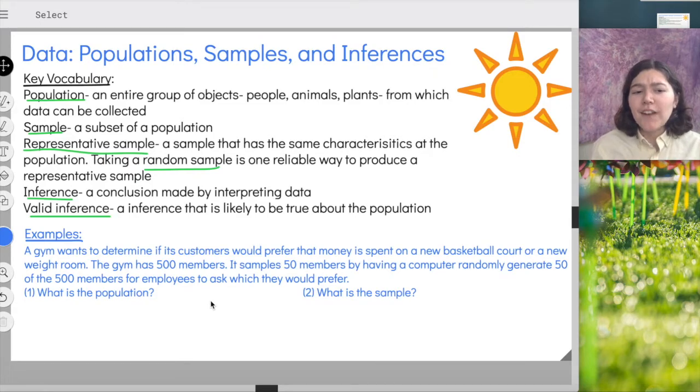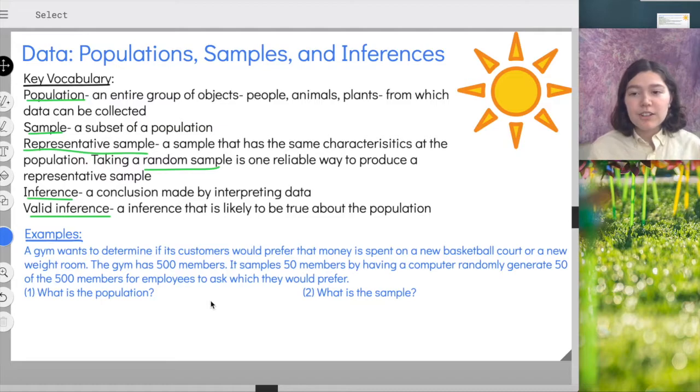It wouldn't be a valid inference to say that the favorite TV show of all people in the United States is that kid's TV show. It might be a valid inference to say it's the most common favorite TV show of kids under 10, but not if we want to talk about the entire population. So you can make inferences that aren't necessarily valid, meaning they're true about the whole population. A lot of information. It'll become clear through examples, but you should be referring back to that vocabulary as I ask you questions and as we go through these.